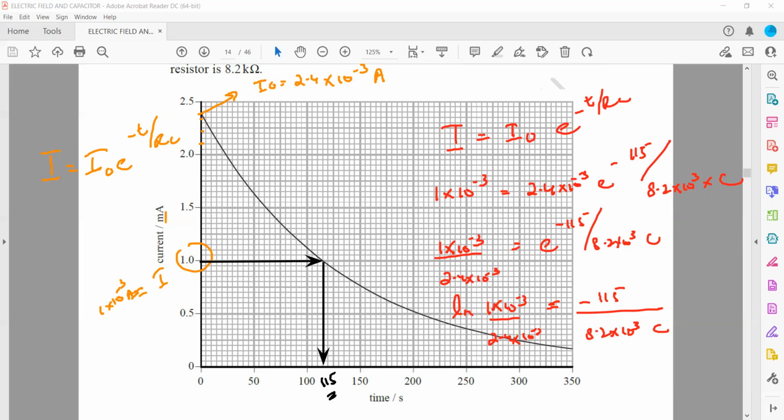When we simplify, the capacitance will be 0.016 farad. The unit of capacitance is farad. Is this part clear, how we worked out the capacitance of the capacitor used in this circuit?